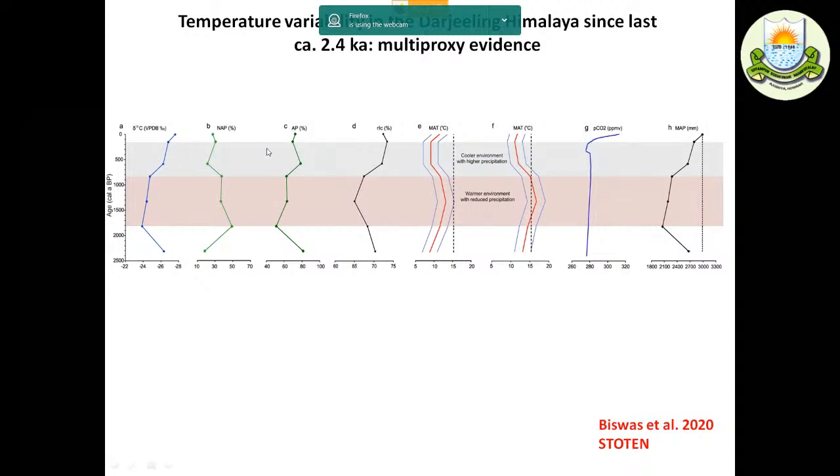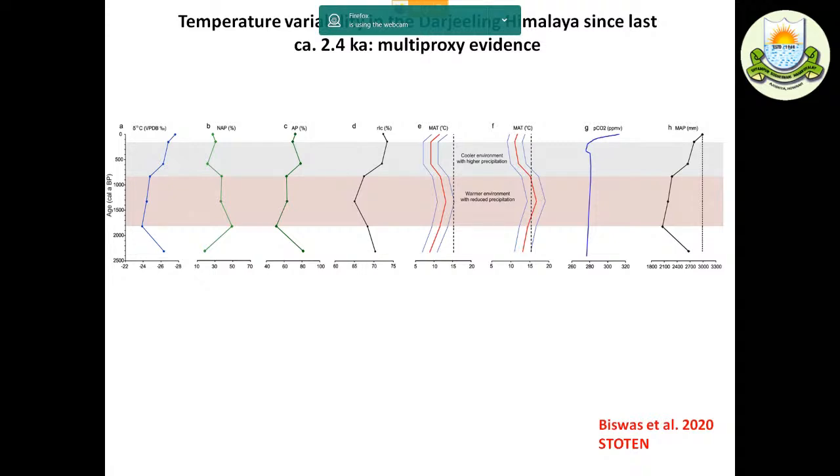We compared our data with the stable isotope data of the profile, non-arboreal and arboreal pollen data, as well as the past pCO2 data for these 2,500 years, taken from O'Hare et al. The MAP data we reconstructed using Basu et al.'s equation.